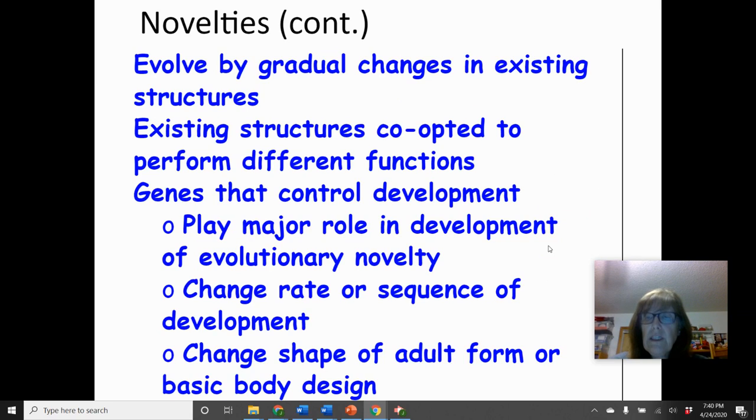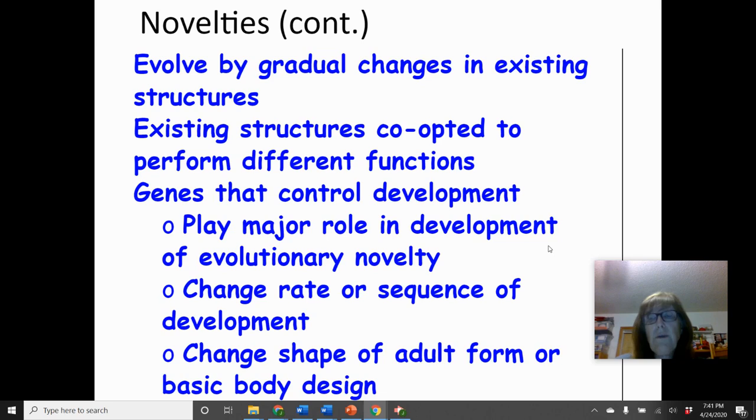So these novelties are going to, this goes back to descent with modification. These novelties are going to evolve by gradual changes occurring in existing structures, and these existing structures may be co-opted to perform different functions. If you remember back to genetics, it's the genes within your chromosomes that control development.